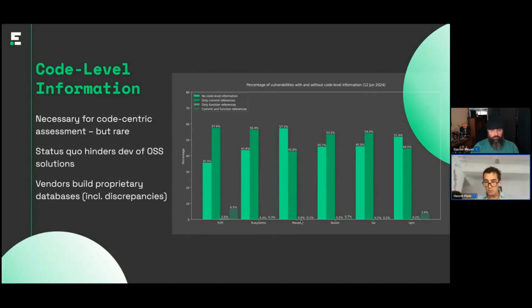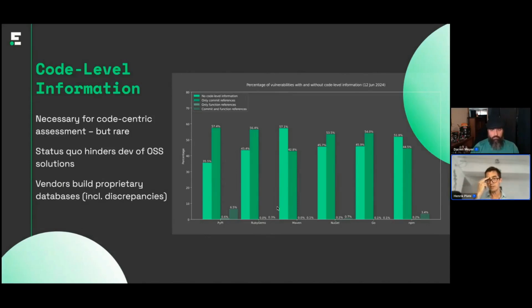In 0% of the cases for the Maven ecosystem do you have function references right away. So in OSV, the schema allows you to maintain information about affected functions, but for Maven, this is rarely ever done. It's a little bit higher for some other packages, but still very low numbers.